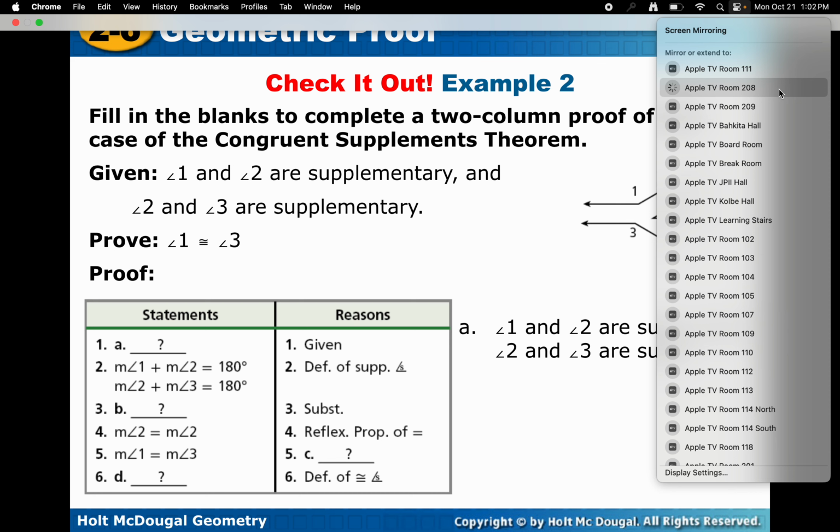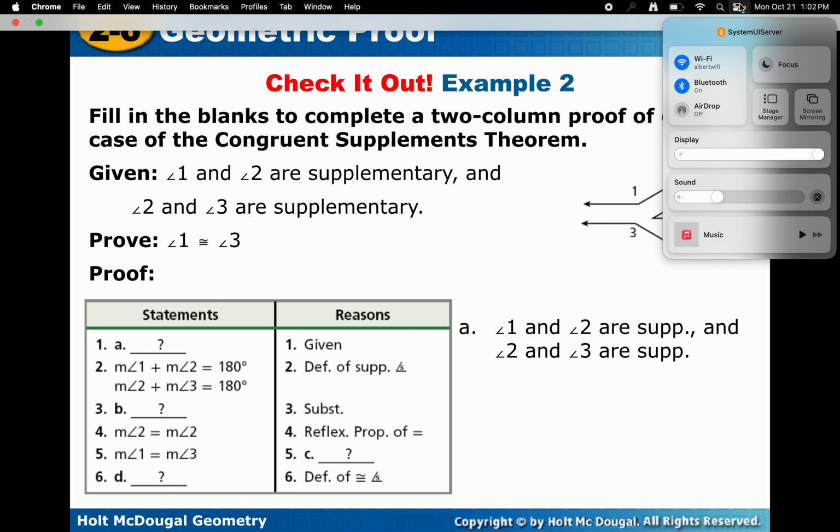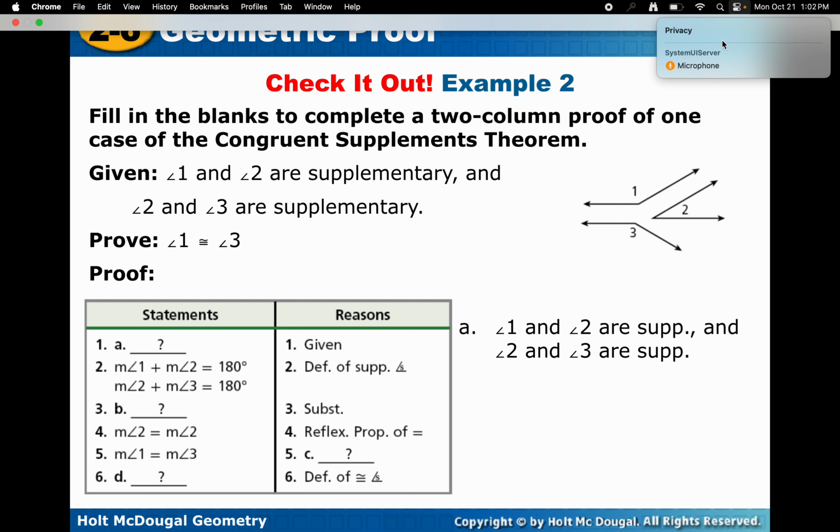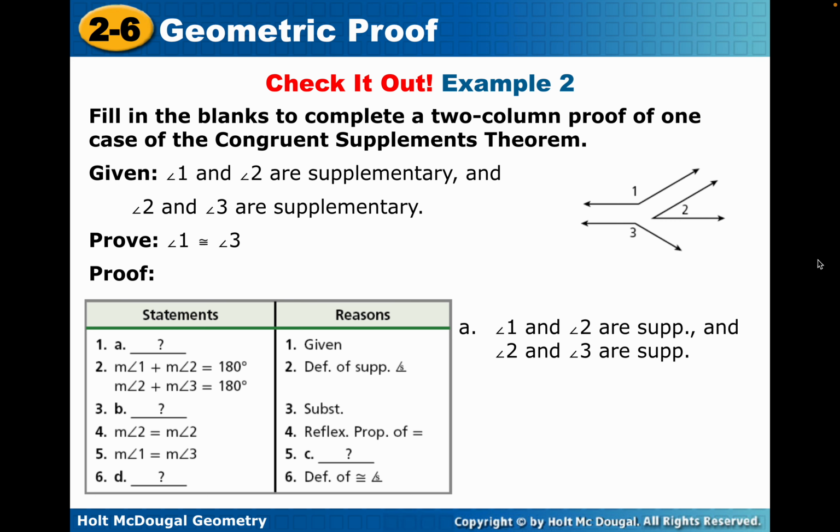The next part, we have to find our statement 3. We know our reason is substitution. So it's saying we could substitute something. If we look at our second statement, angle 1 plus angle 2 equals 180, angle 2 plus angle 3 equals 180.